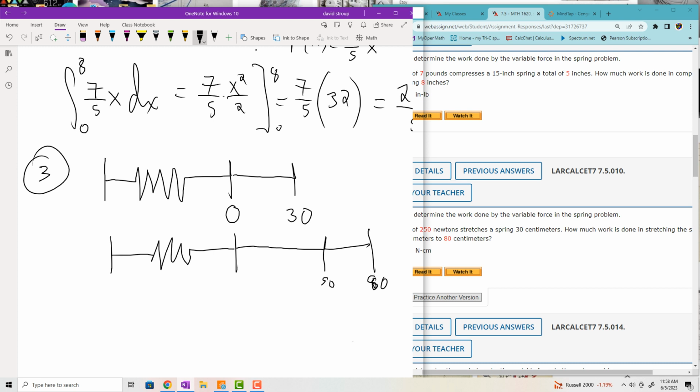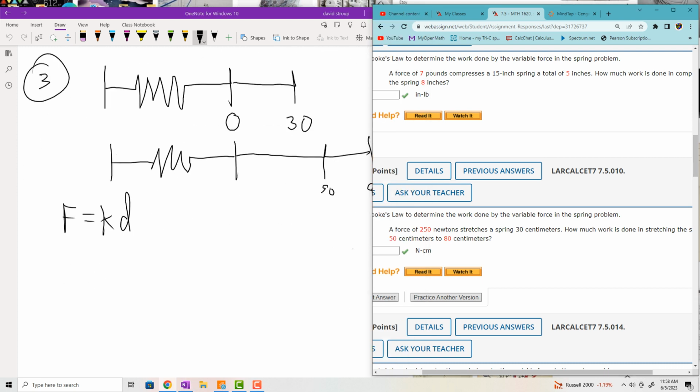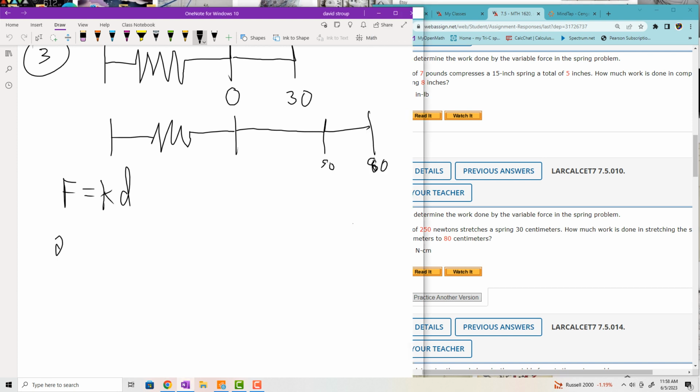I need to, again, get my hands on that constant value. So my force function from Hooke's law is F equals K times D. In this case, they're saying the force is 250, and that displaces the spring 30 centimeters.